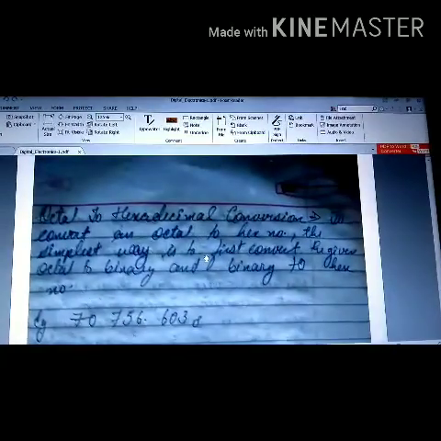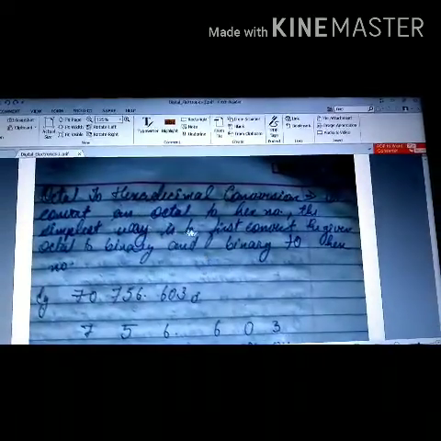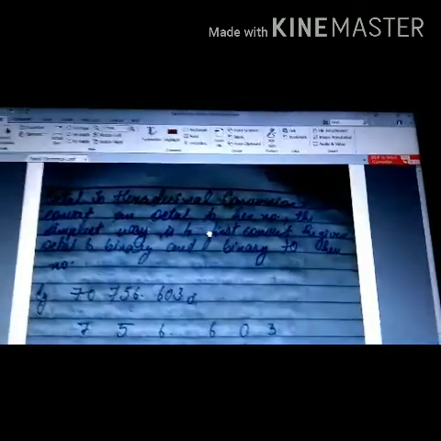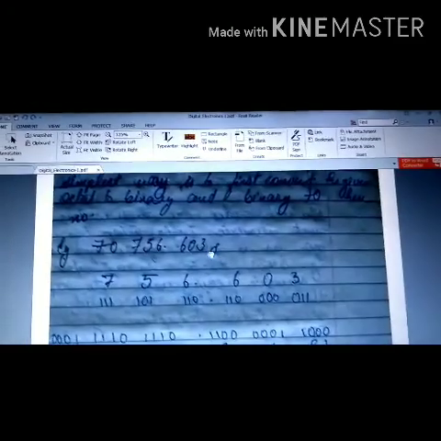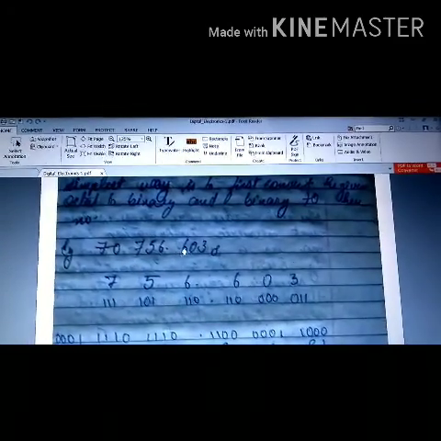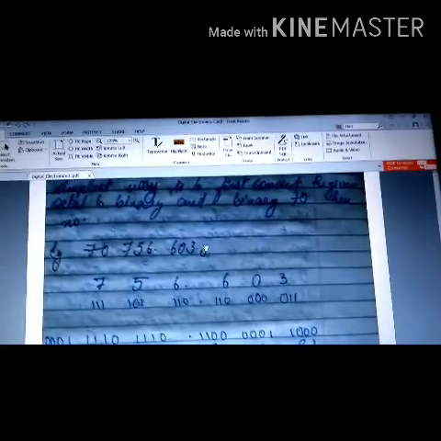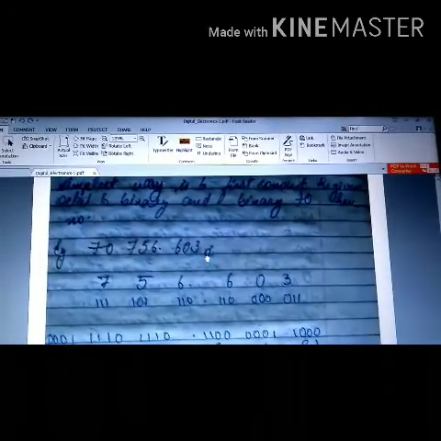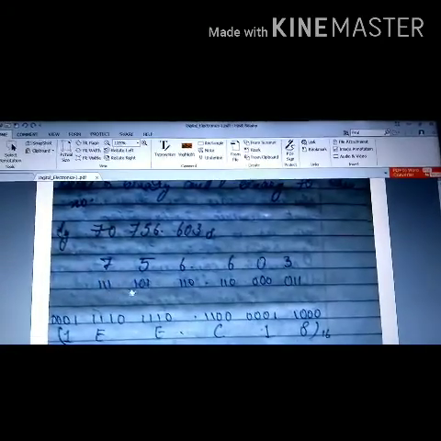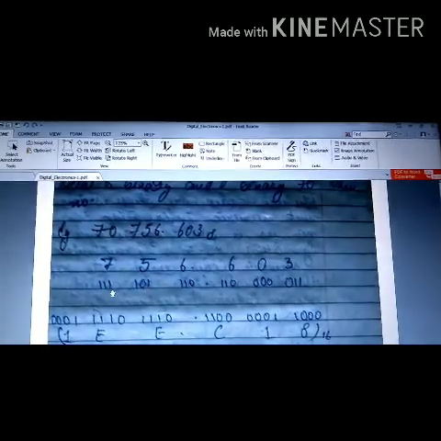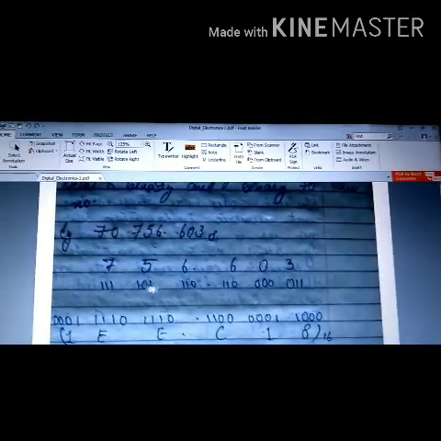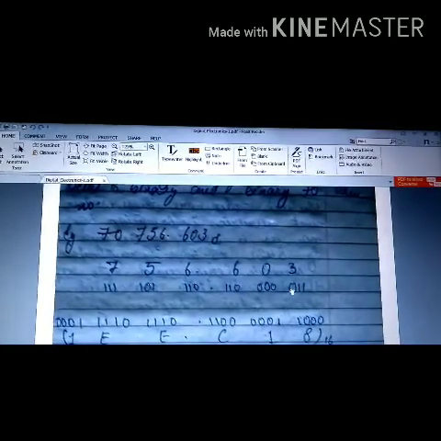The octal to hexadecimal conversion. To convert octal to hex, the simplest way is to first convert the given number to binary and then binary to hex. So suppose I have the number 70756.603 in the octal number system, base 8 here. Then I will use individual 3 bits: 3 binary digits for 7, 3 for 5, 3 for 6, then again 603.